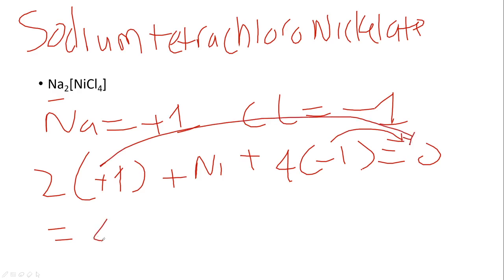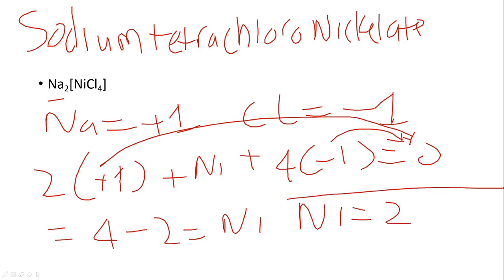Then we have 4 minus 2 is equal to nickel. Therefore, nickel is equal to +2. We've calculated our oxidation number of nickel. Now we just have to write it in Roman numerals here. So our final answer is going to be sodium tetrachloronickelate(II).